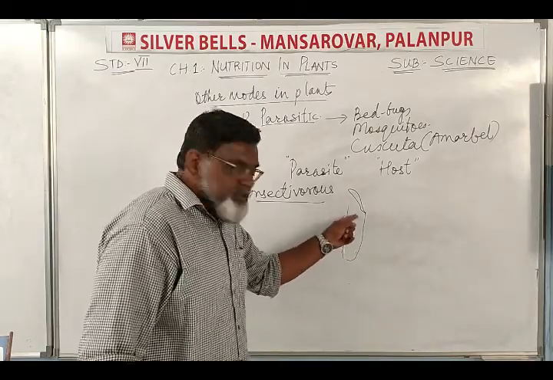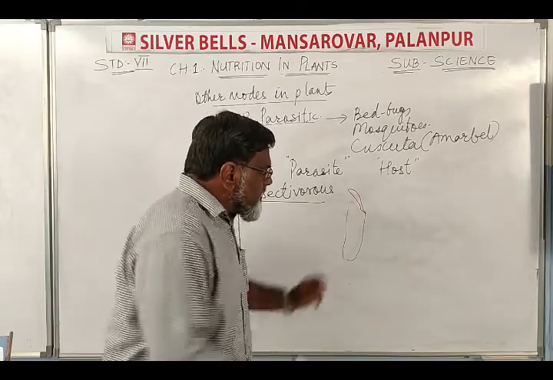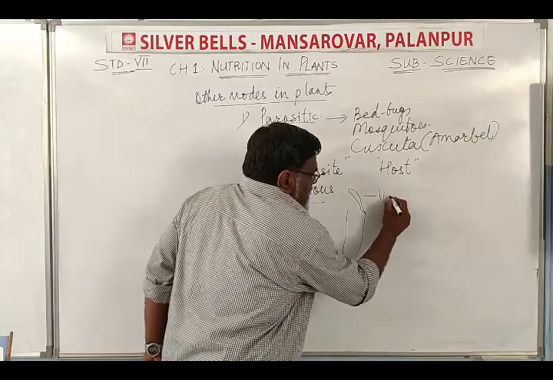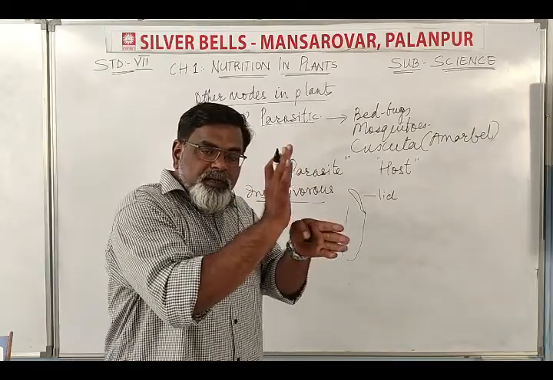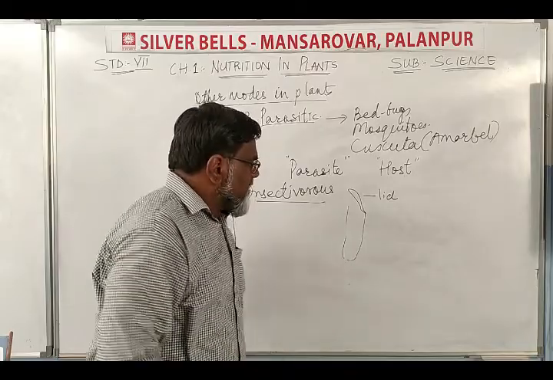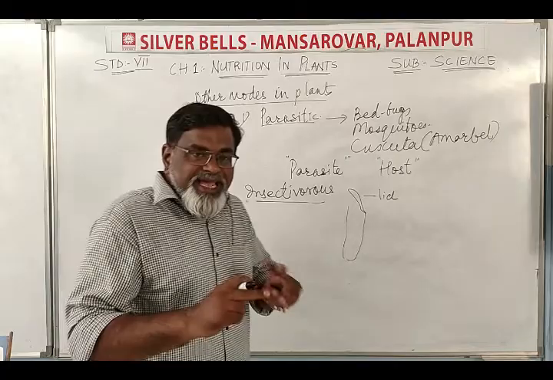इसके अंदर जब भी इंसेक्ट अंदर आता है तो ऑटोमेटिकली this is the leaf, it covers the pitcher. Leaf ढक्कन जो है it closes, and the insect which enters into the pitcher is digested.